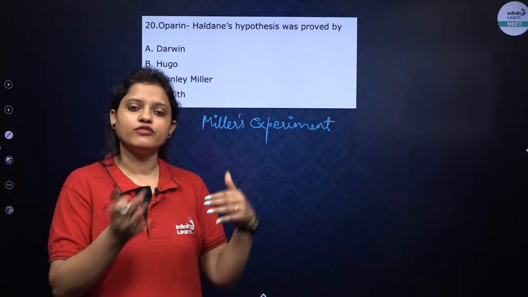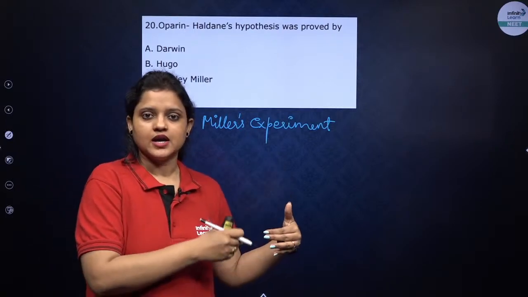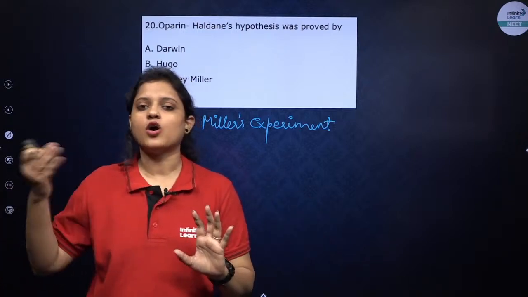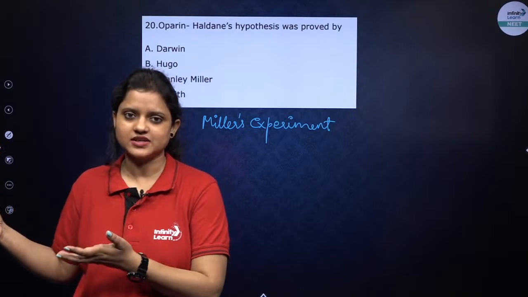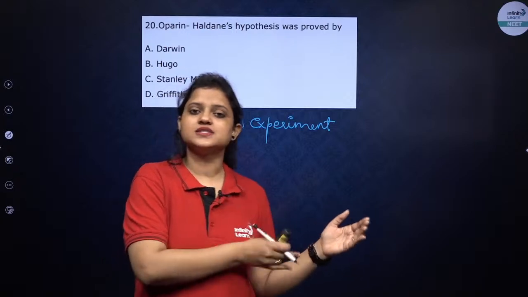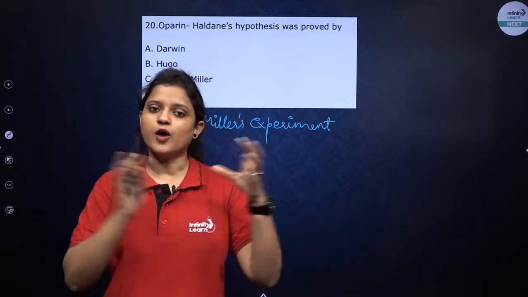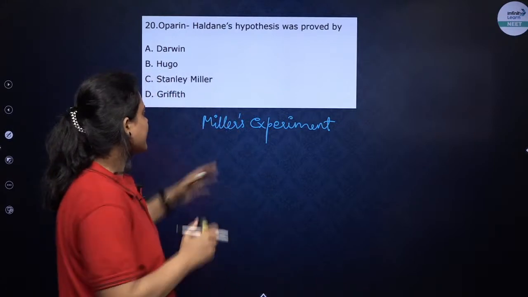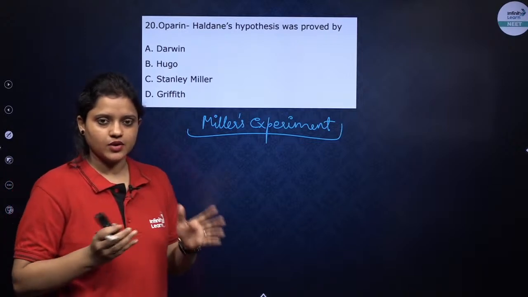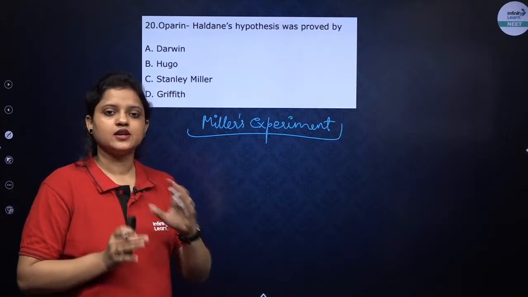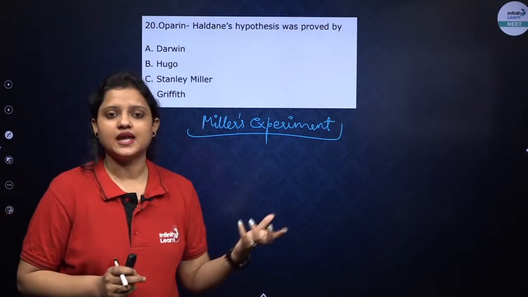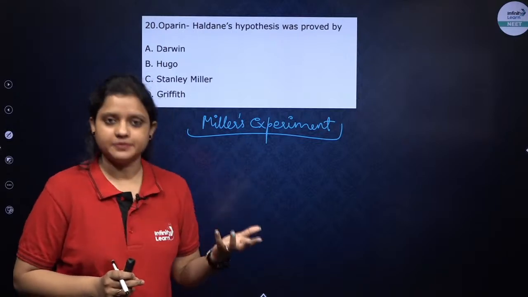That environment enhanced the chances of the formation of life. We know that the first cells, protobionts, which included coacervates and microspheres, were formed then. So he simulated that primitive environment in his laboratory with all the gases present on the earth at that time, including ammonia, methane, hydrogen and water vapors, right?